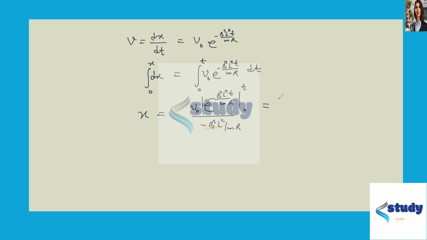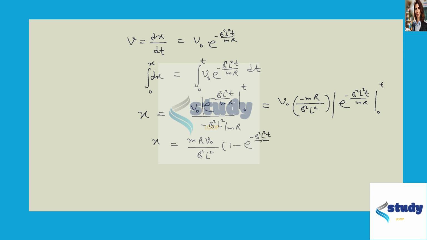So this will become v naught times of minus m times of R divided by B square L square, e to the power minus B square L square t divided by m times of R, having the limits of time from 0 to t. Finally, when we put all these limits, we get an expression m R v naught divided by B square L square, bracket 1 minus e to the power minus B square L square t divided by m times of R.